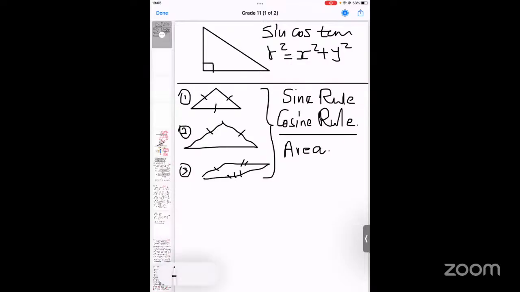So all that you've been learning in grade 10, it is this type of triangle where you had to use that or that or that, and in some instances that. These ones, the sine rule and the cosine rule together with the area rule, are new information that you're going to be learning in grade 11.